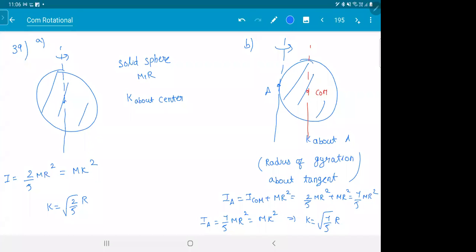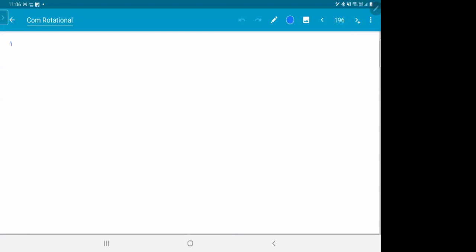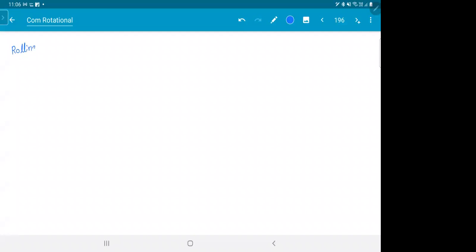Next thing, rolling motion. So now you know how to calculate torque, and you know how to do moment of inertia. If you know these two things properly, that is almost 50-60% of the problem.